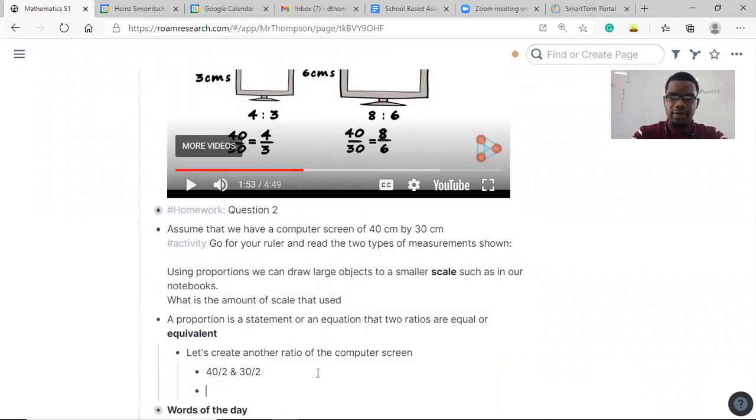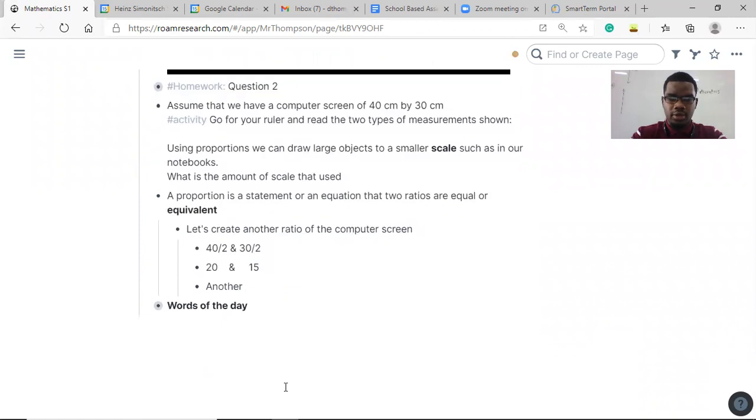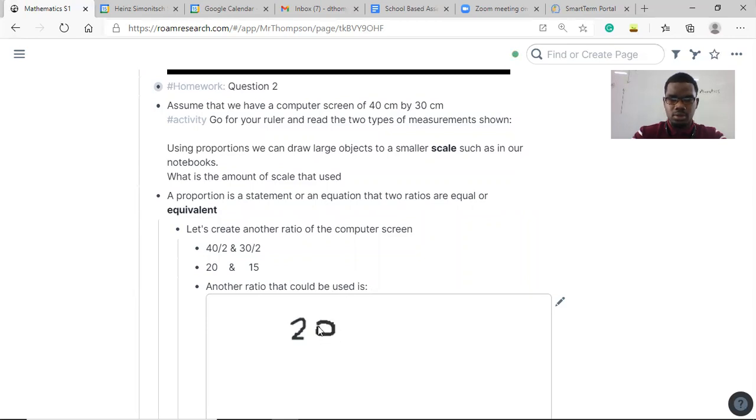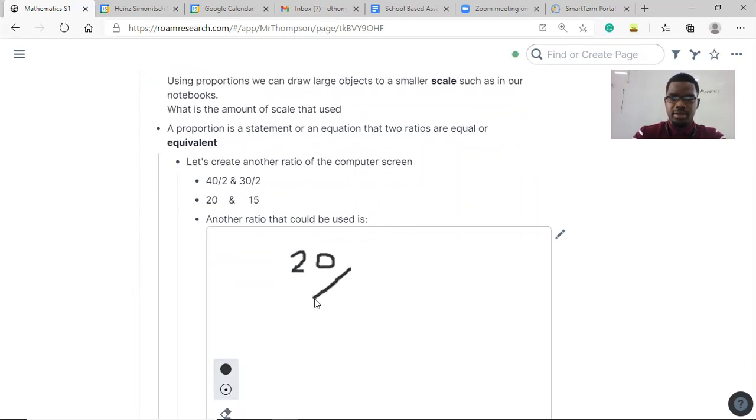So 40 divided by 2 gives us 20, and 30 divided by 2 gives us 15. So another ratio that we could have used is 20 divided by 15.